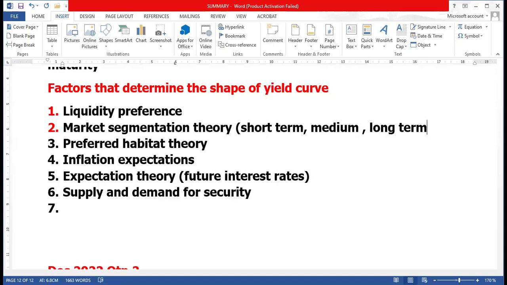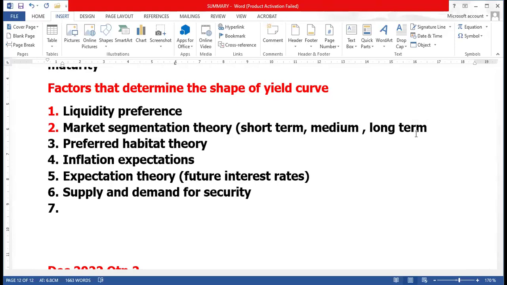Now, you are going to find that investors and even the borrowers usually stick to one segment, because of their needs and preferences. Let's say if the bank is the one going to buy the bond, they would prefer short term. But look at a pension fund like NSSF.